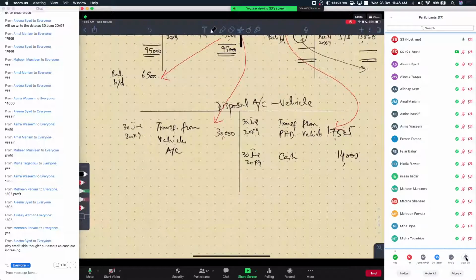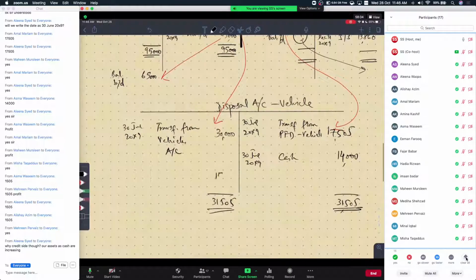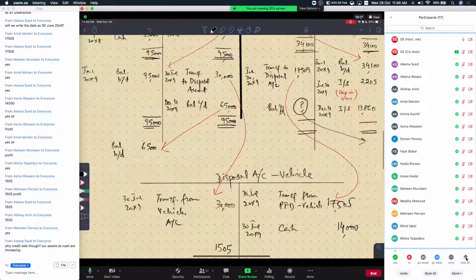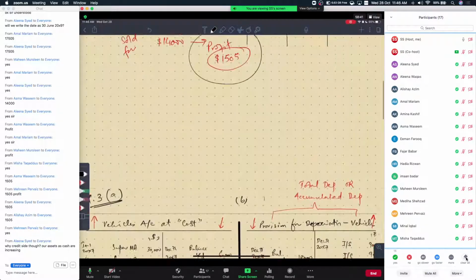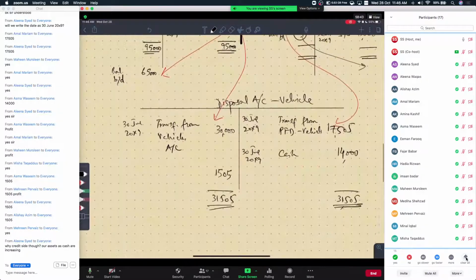When we balance this account, we will see the credit side is bigger, because this comes out to be 31,505. If we balance this, the balancing figure is 1505, and we had calculated this 1505 already here. Remember, this is the profit here. So this way we calculate the profit.